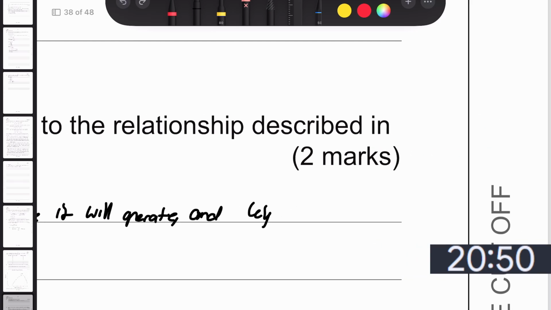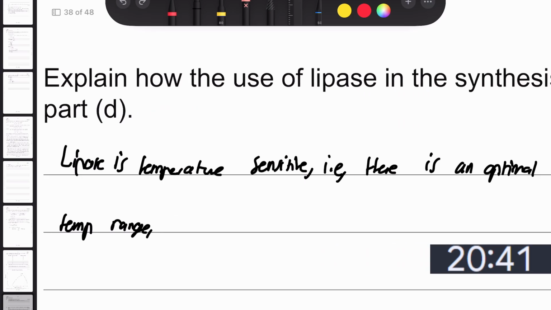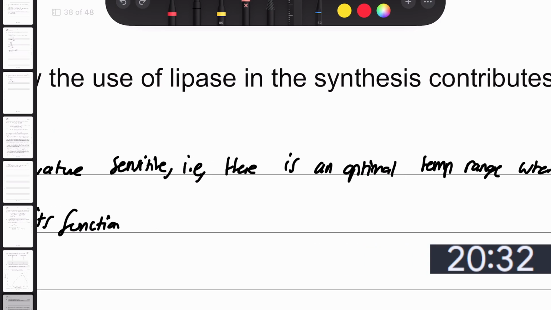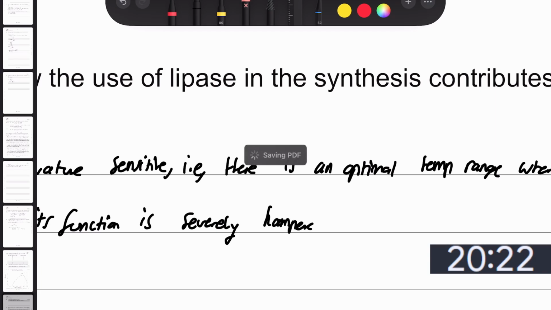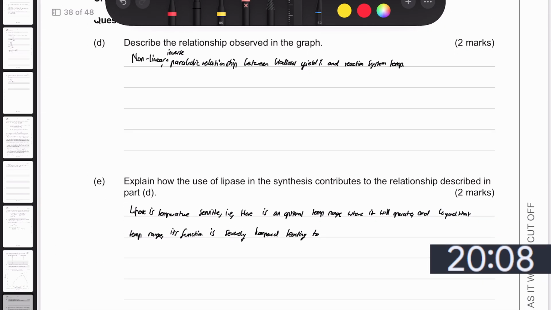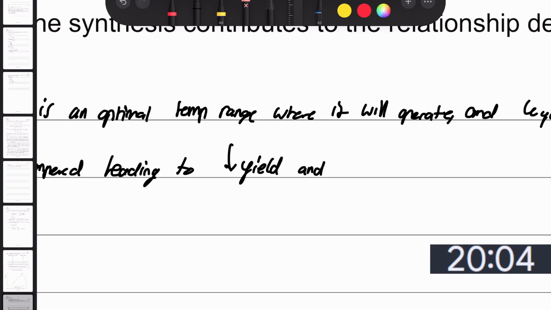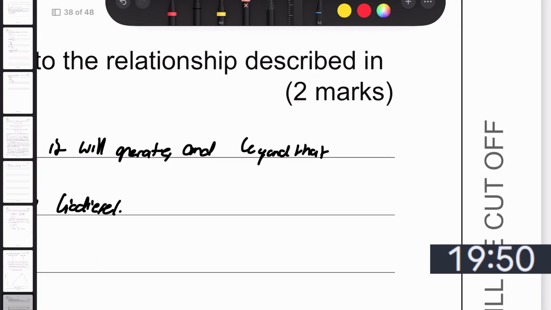And beyond that temp range, its function is severely hampered, leading to decreased reaction rate, therefore decreased biodiesel.